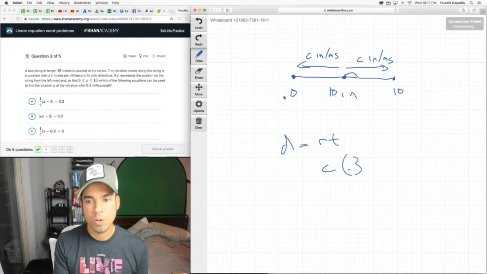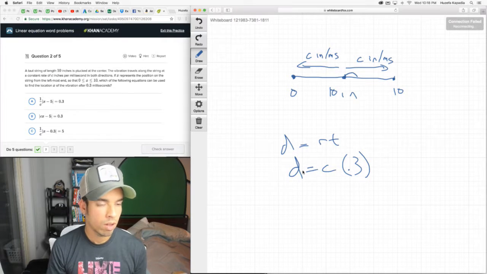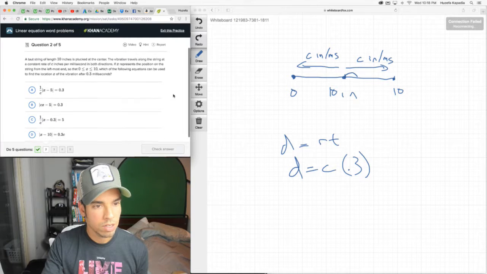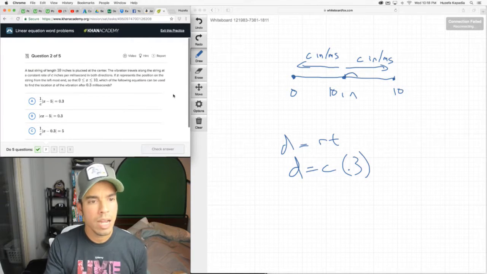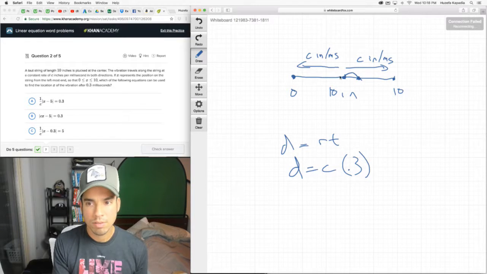So c times 0.3 is going to equal our distance. But they've obviously got some absolute value things going on in here, because we're going to have two locations. We're going to have a location here, and a location here.